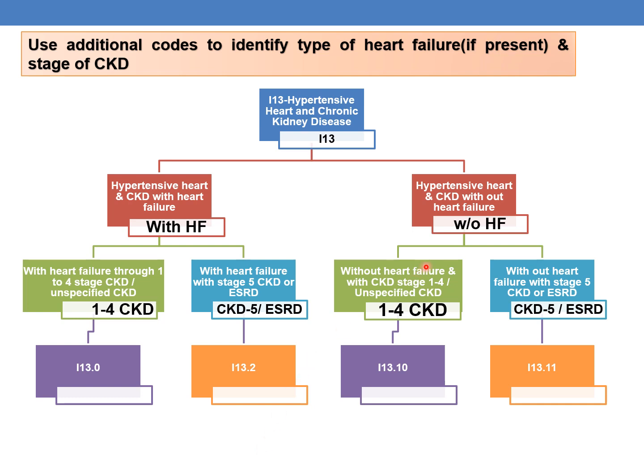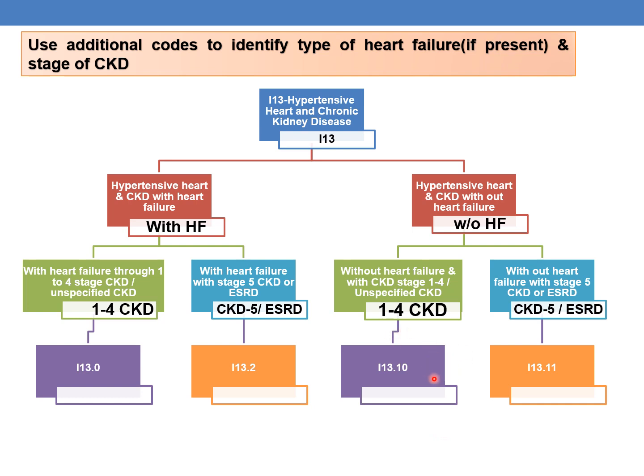Next, coming to second case, hypertensive heart and CKD without heart failure. Here patient is not having heart failure. Here the codes are again categorized based upon the stages of CKD. Patient is having hypertensive heart and CKD without heart failure and the CKD stages are from 1 to 4 or unspecified.